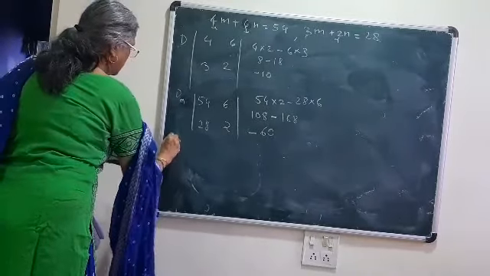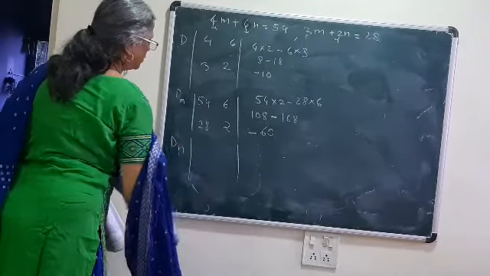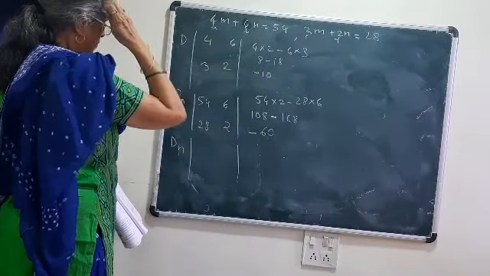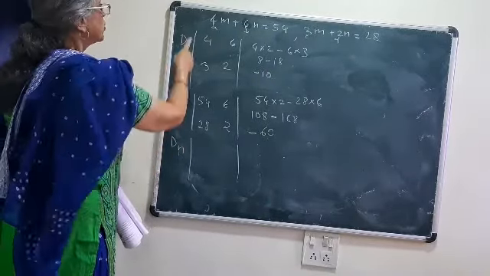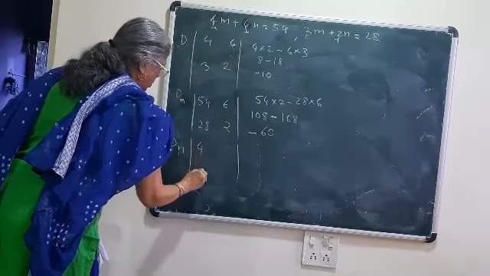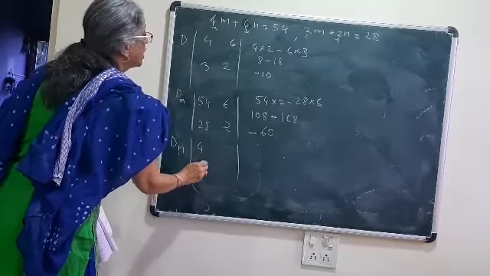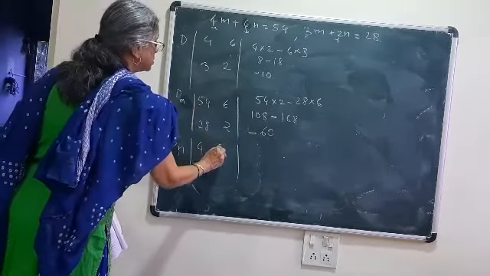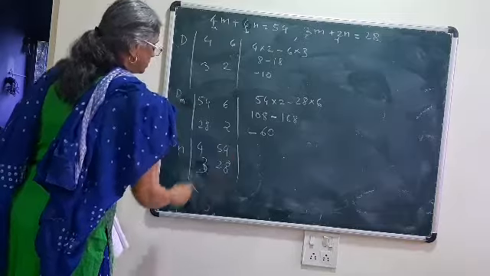Then dn we are going to find out. For dn, what we are going to write first? We are going to write first the coefficient of m. So 4 and 3 are the coefficients of m, and then we are writing the constant terms 54 and 28.